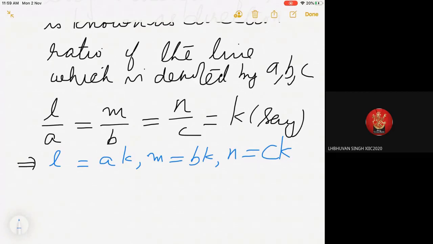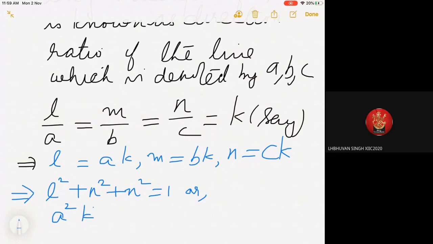And also we know that L square plus M square plus N square equal to 1. So squaring and adding, you get A square K square plus B square K square plus C square K square is equal to 1. Please write all this.